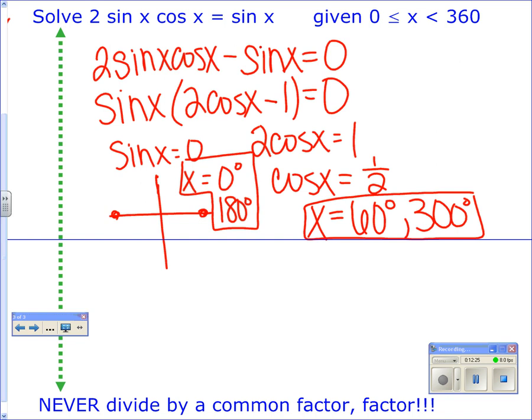Some of you may have noticed a pattern about the other trig equations. Like if it says cosine of 3 theta equals whatever, you may have noticed how many answers you should have. These, there is no rhyme or reason to how many you have. You could have 1, 2, 3, 4.